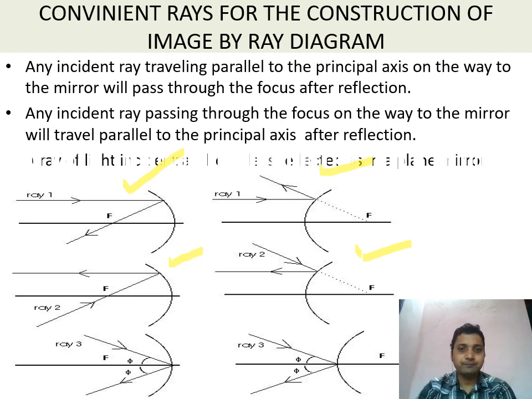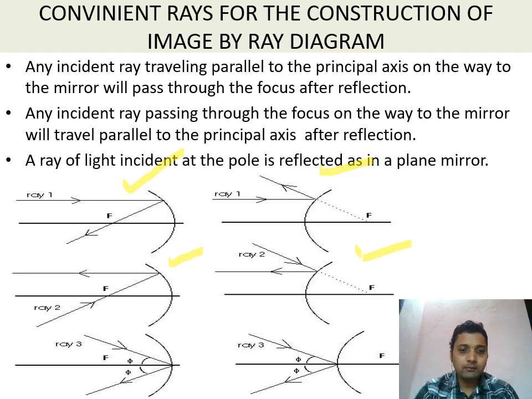Third one: any ray of light incident at the pole, that is, whenever any ray of light strikes the pole, obeys the laws of reflection. That means angle of incidence equals angle of reflection.